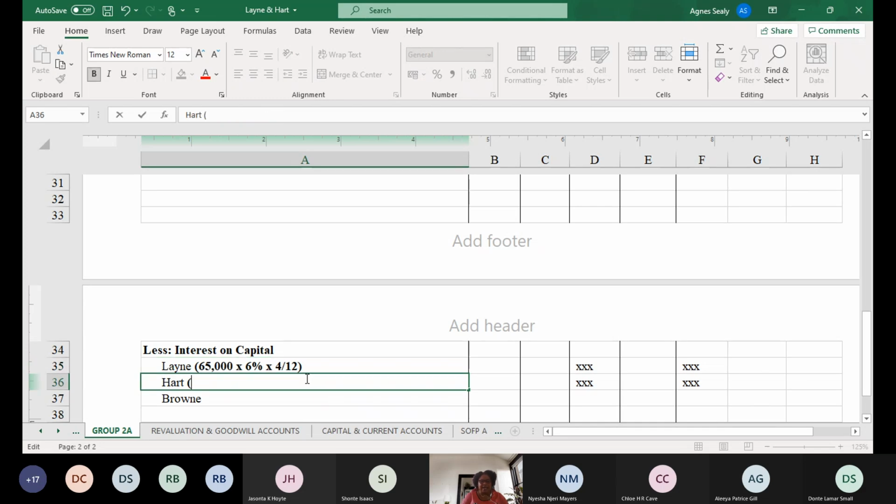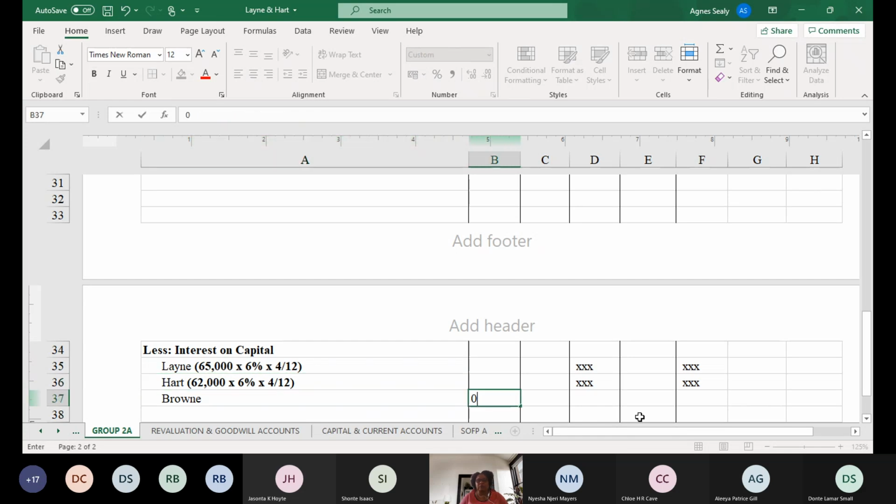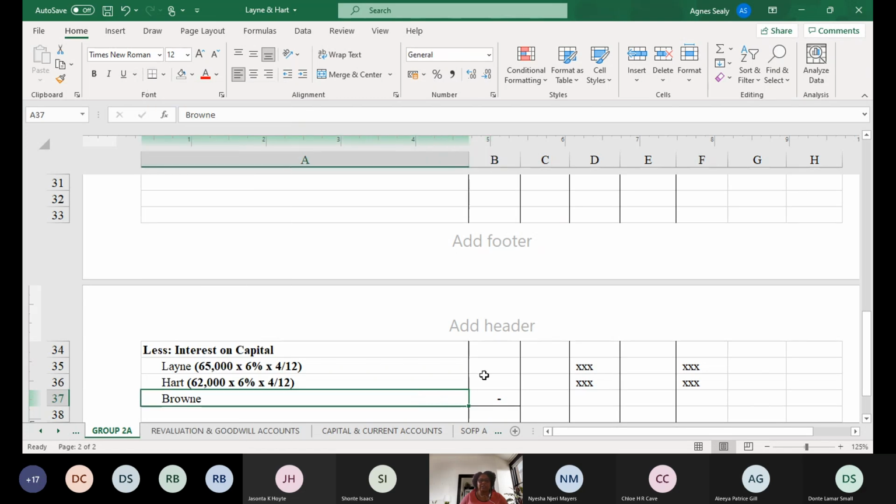Hart, on the other hand, opening capital was $62,000, and that is times 6%, and that is times 4 on 12. Well, we know Brown was not on the old agreement, so she's not getting any interest on capital, period, under the old agreement, right? So we're dealing with the old.